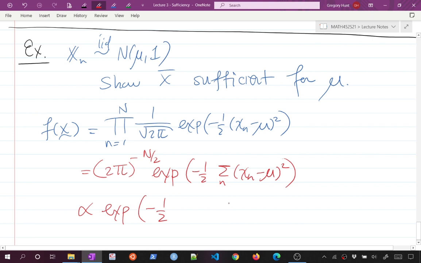And we had expanded this out before. We said it was the sum of the xn squared, minus 2 mu, I think we said n x bar, plus mu squared, or n mu squared.